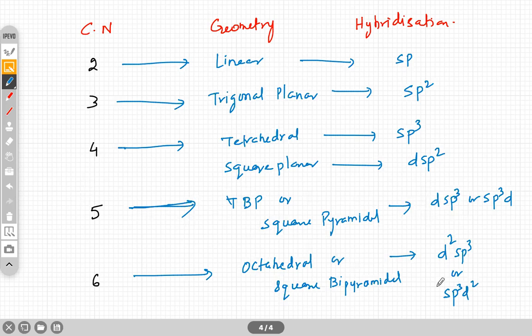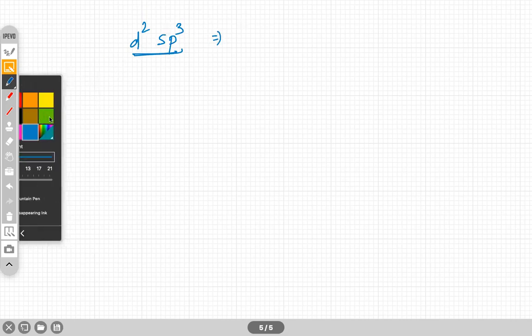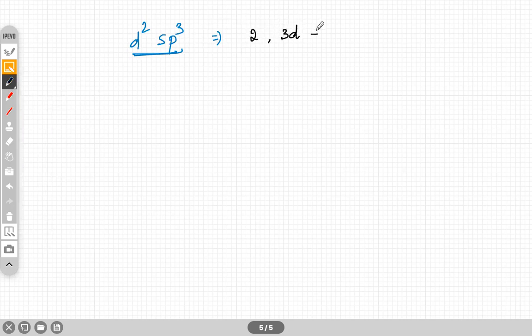One more thing here. What are d2sp3 and sp3d2? If you write d2sp3, this hybrid orbital forms by the combination of two 3d orbitals, one 4s orbital and three 4p orbitals.